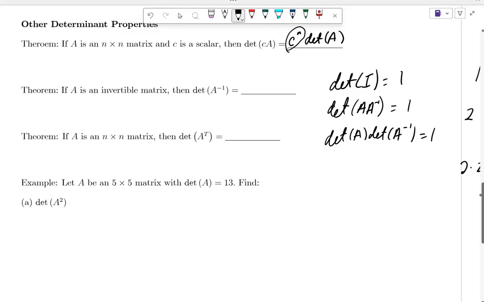If it's not 0, what can I do with the number? Divide, yeah. So this will be 1 over determinant of A. Knowing that it's non-zero allows me to divide by the number, right? So the determinant of A inverse must be 1 over the determinant of A.